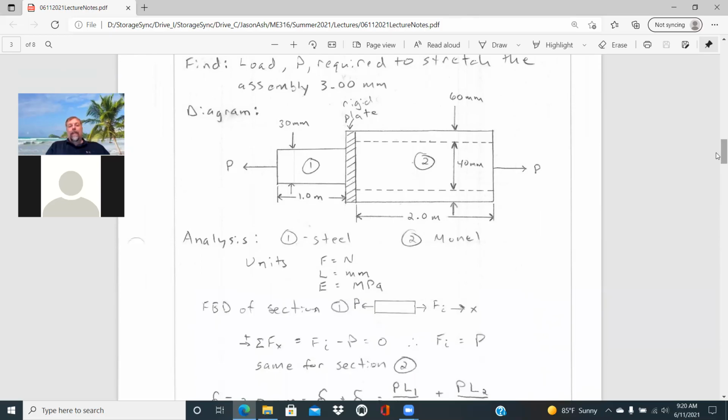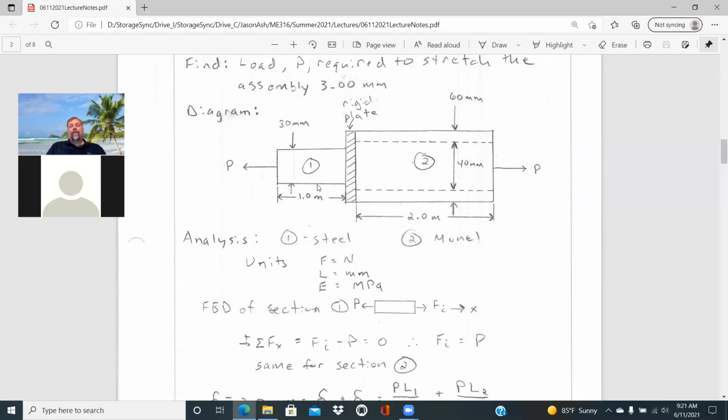And so the units that we'll use: force in newtons, length in millimeters, and Young's modulus in megapascals. If we maintain those units, everything will work out properly there. But I did draw a free body diagram of section 1 just to show you how easy that is.